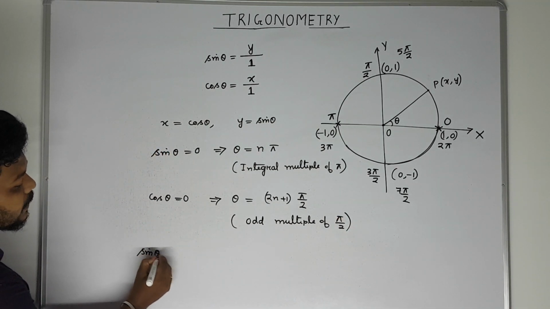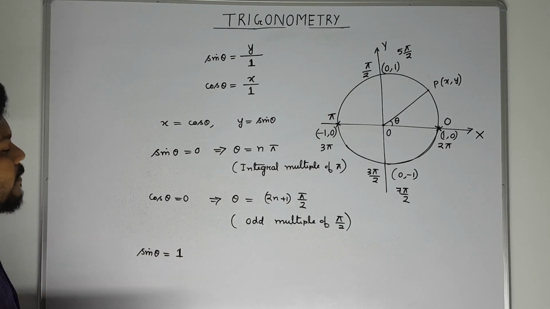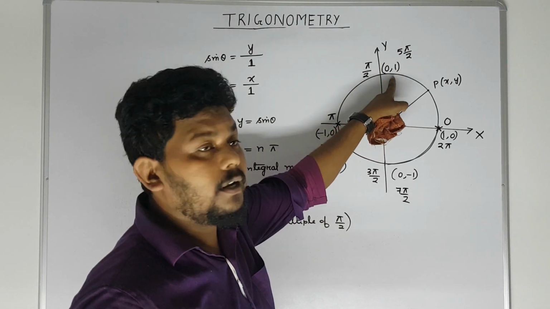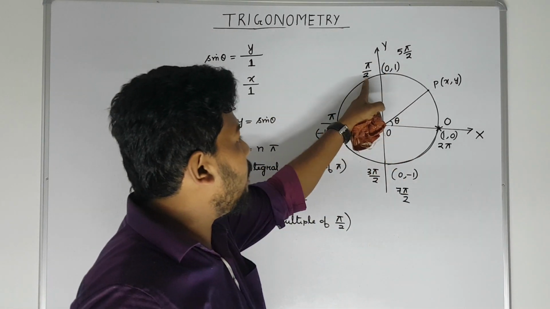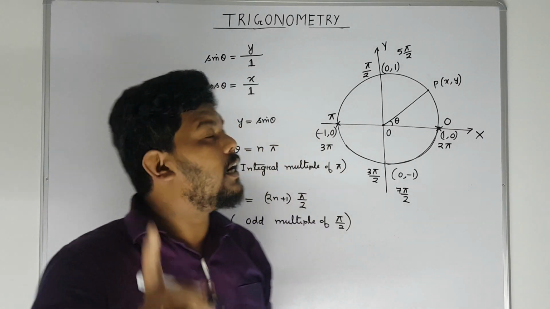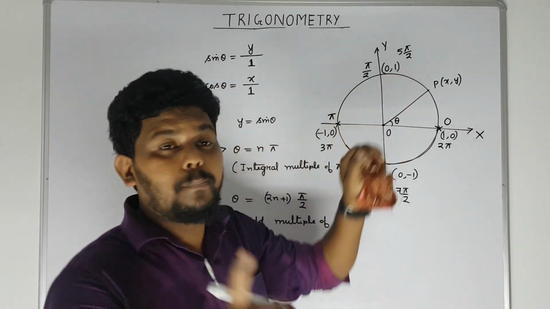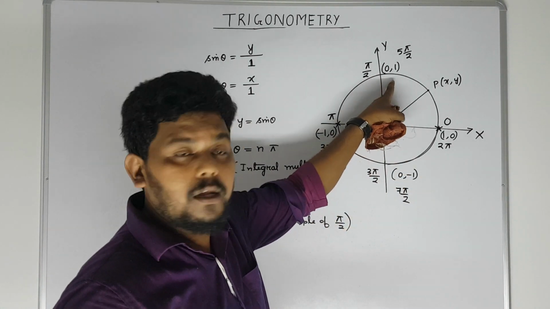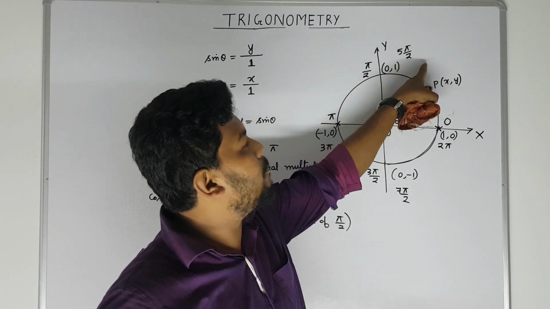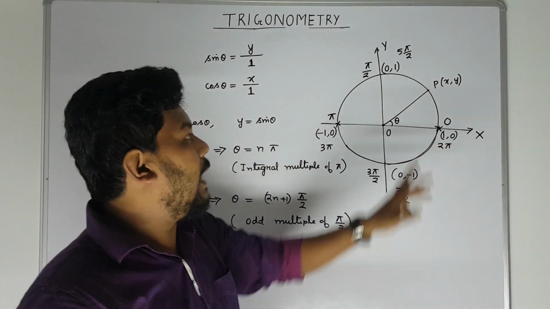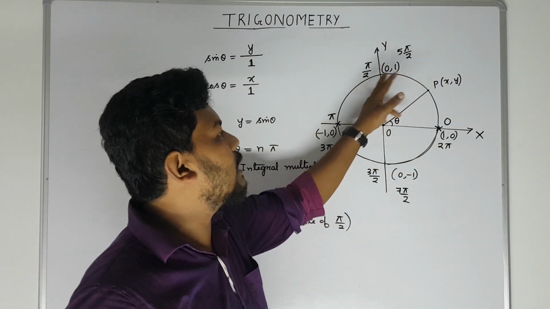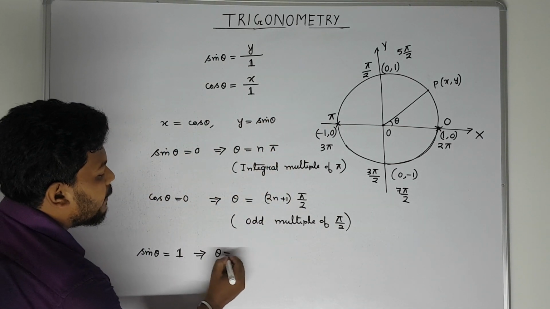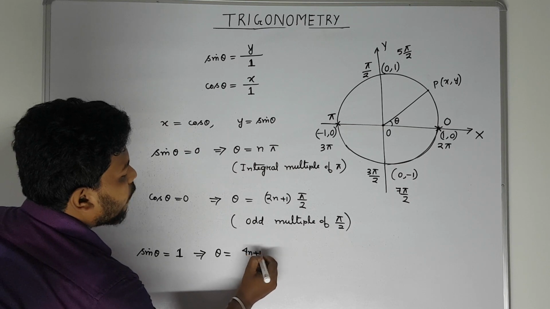Next, sin theta is equal to 1. Sin theta attains the value 1 when the angle is equal to pi by 2 or 5 pi by 2. Here the coordinate (0, 1) represents the values of cos pi by 2 and sin pi by 2. Similarly, cos 5 pi by 2 and sin 5 pi by 2. At this point the value of sine is always equal to 1. So sin theta is equal to 1 when the angle theta is equal to (4n plus 1) pi by 2.